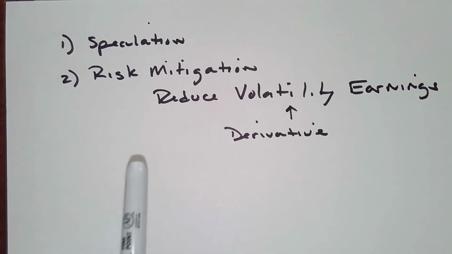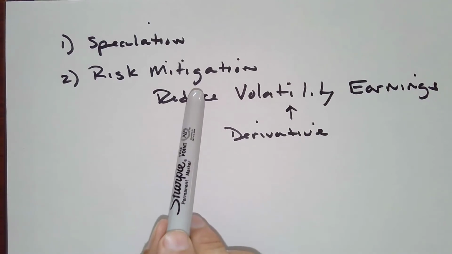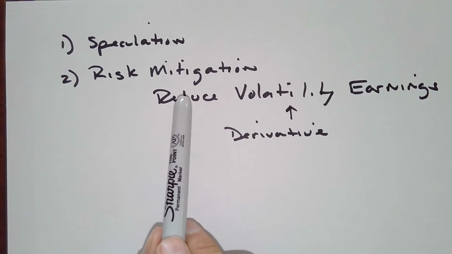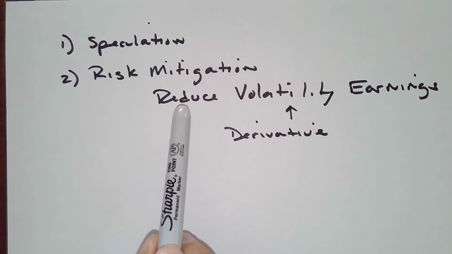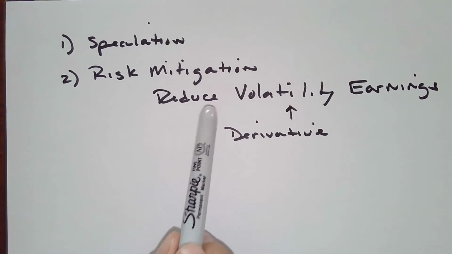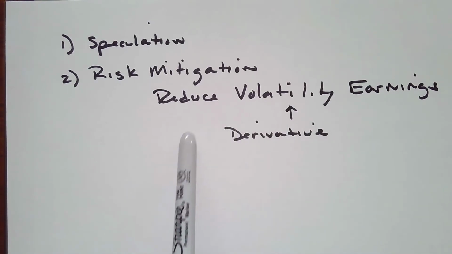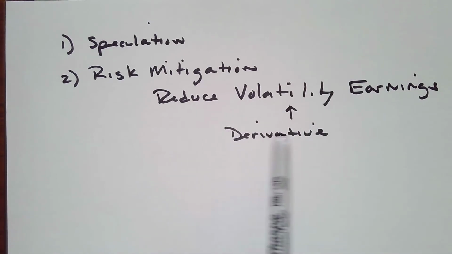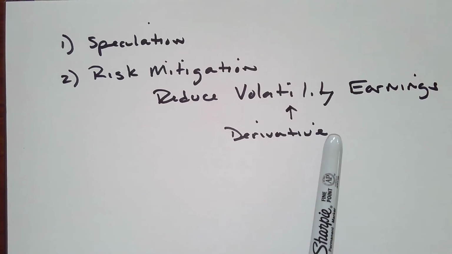So these are risks that they have to take on, but they can't control them. It's hard to control what the market is doing. So all they can do is try to share those risks to reduce the overall volatility of earnings. So they do that by getting into a derivative contract with another counterparty to lay off that risk or to share that risk with that other counterparty.